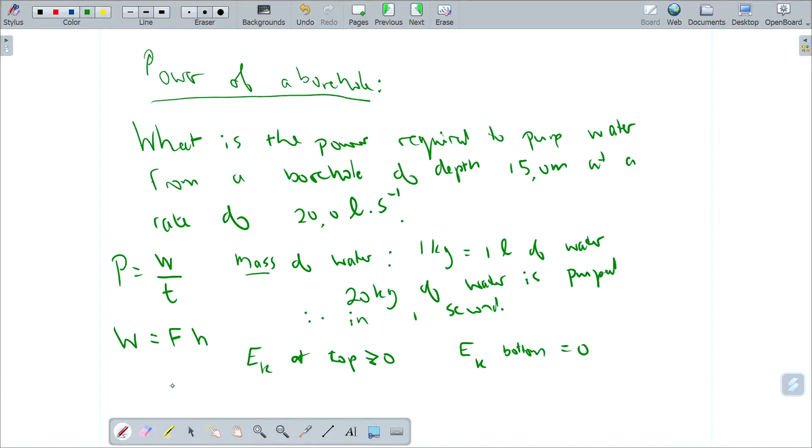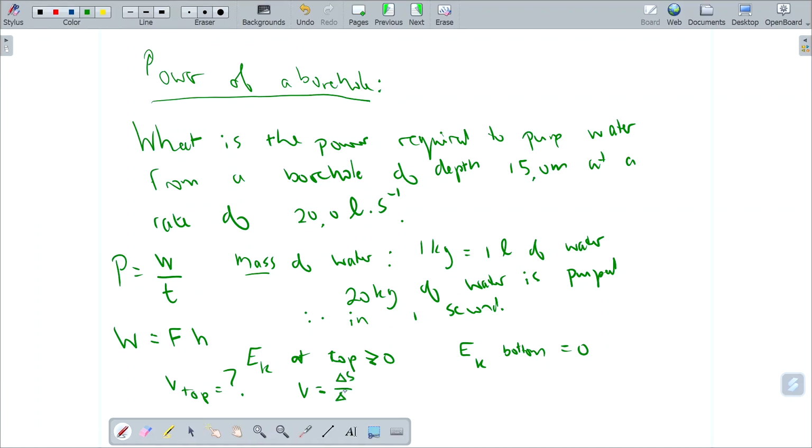Right. So, how do we calculate the velocity at the top? Okay, remember that velocity is the rate of change of distance, or displacement to be exact.